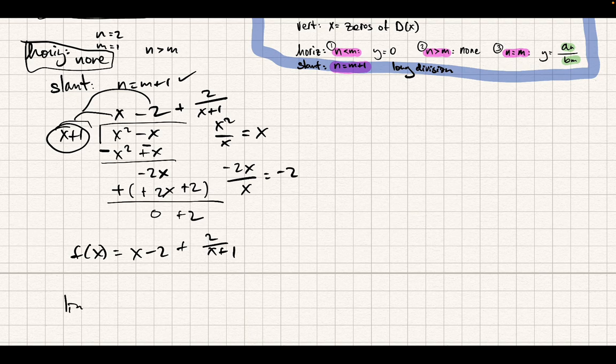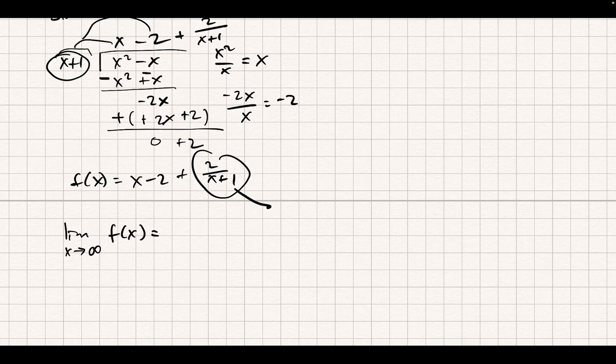It approaches 0. Yes, this term goes to 0 as x gets really large, so we can ignore that term. So what's my equation for my slant asymptote? y equals x minus 2. That's my slant.